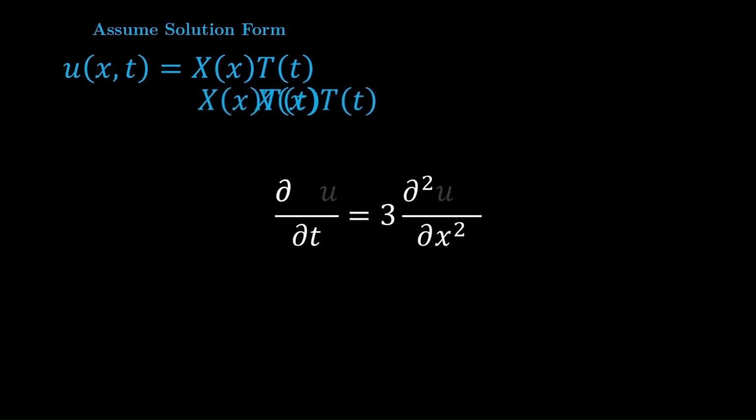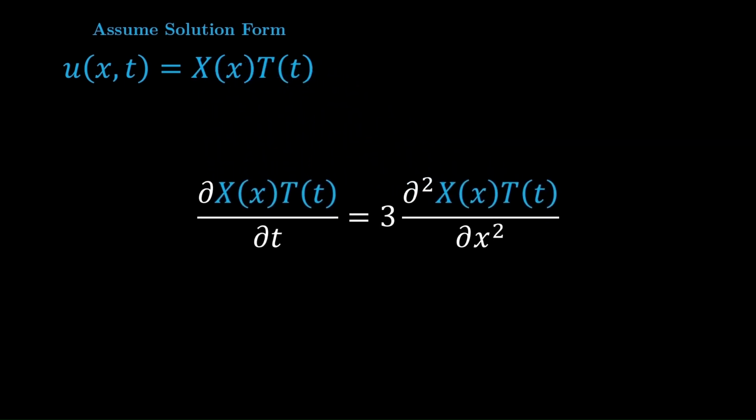We could take this assumed solution form and plug it into our original partial differential equation, and we see that since we are dealing with partial derivatives, the partial derivative with respect to t will only operate on the function of t, and the x's are treated as a constant. Similarly, for the partials with respect to x, only the function of x is operated on, and the t's are treated as constants.